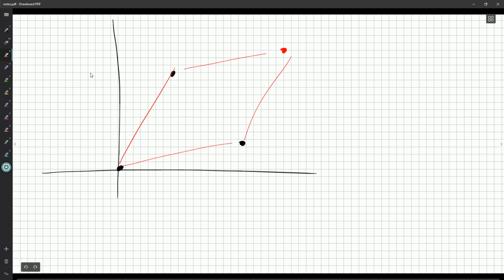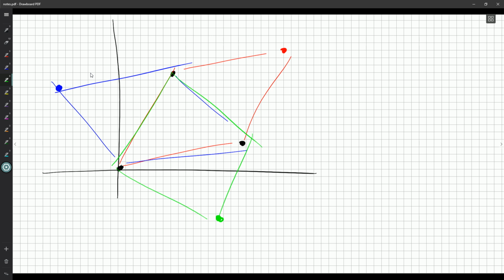We could find out what this point over here is. Or we could have a point over here, and then our parallelogram looks like that. I guess it would actually be a little lower. Or you could have one down here.